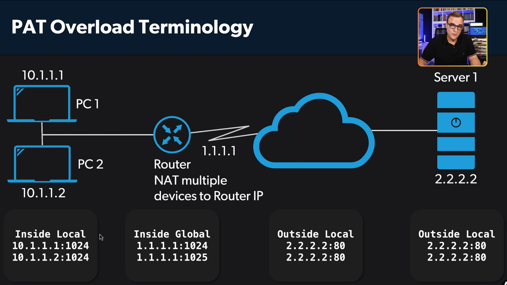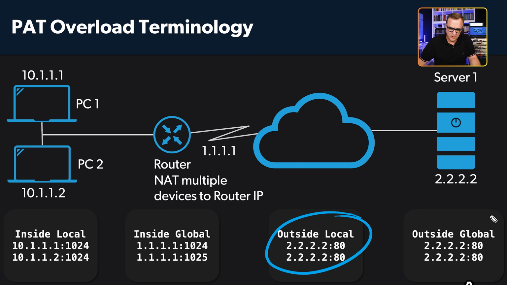So to allow for individual translations, the host's IP address of 10.1.1.1 is NATed, or PATed in this case, to 1.1.1.1, but the port number information is also kept. So if two hosts, this PC and this PC, choose the same source port number, the router will change the port numbers to make sure that the entries are unique.